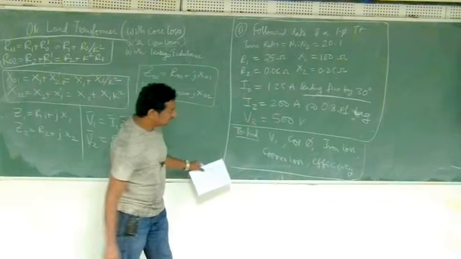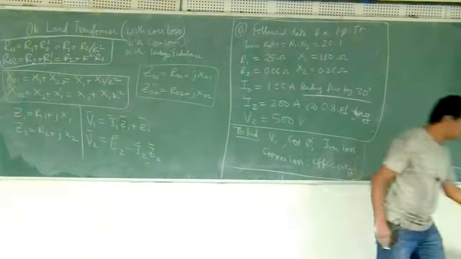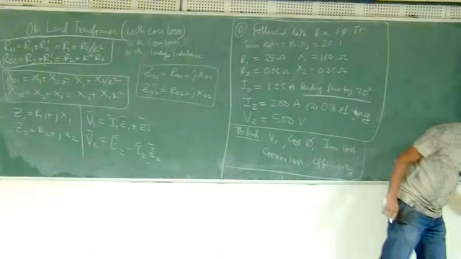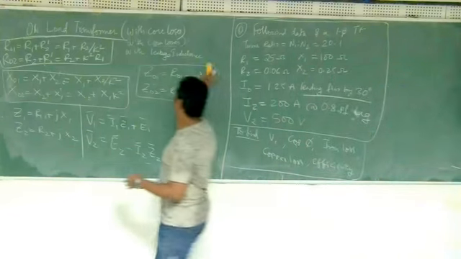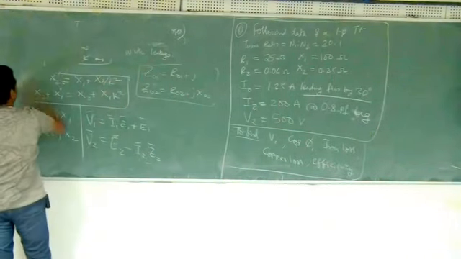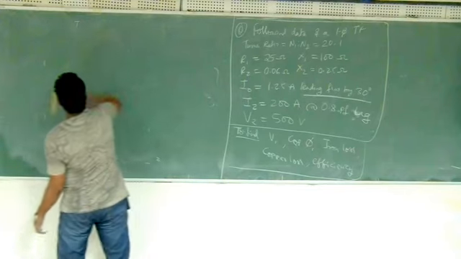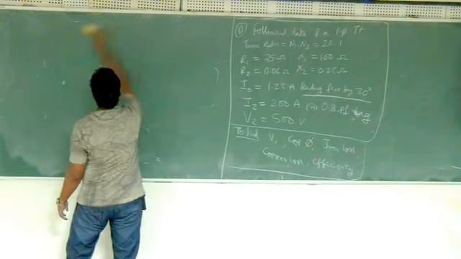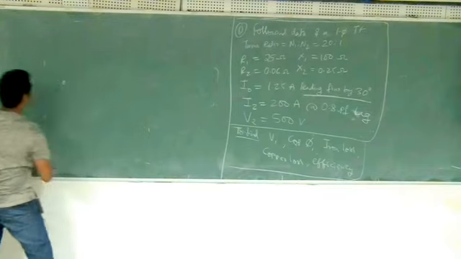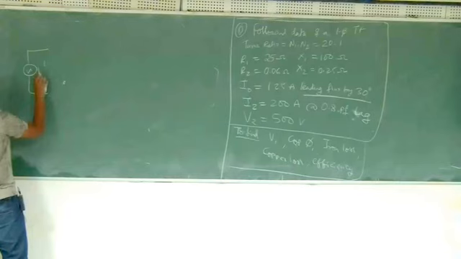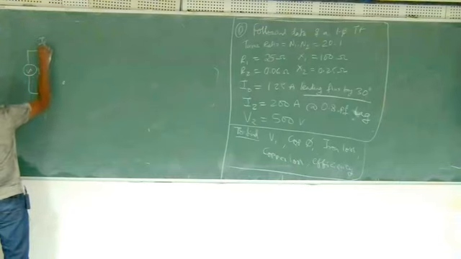Can I quickly give the outline of how to do that? So how do you solve this? Just draw the circuit like this. V1, this is I1.